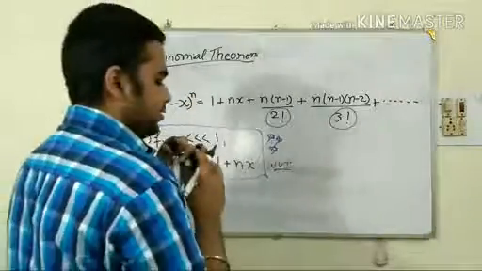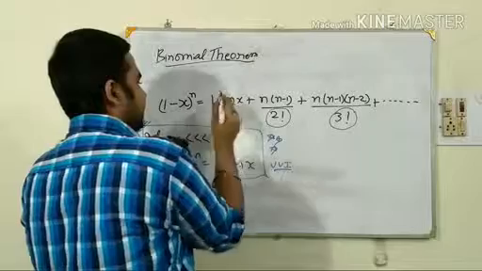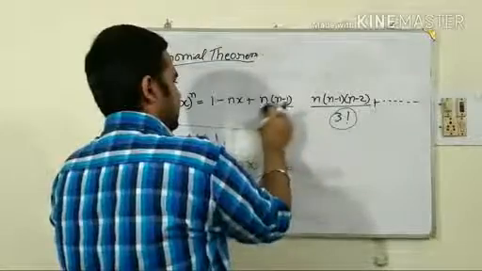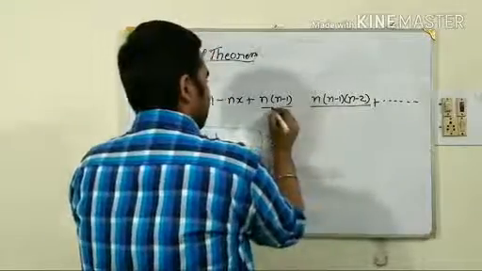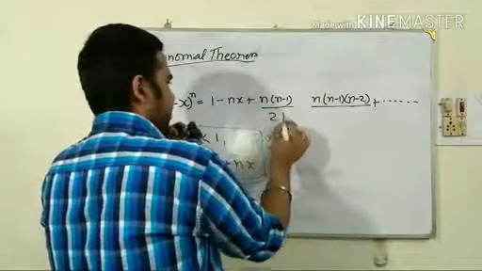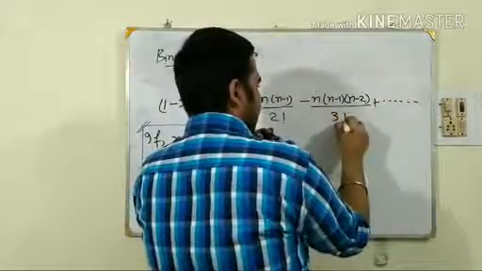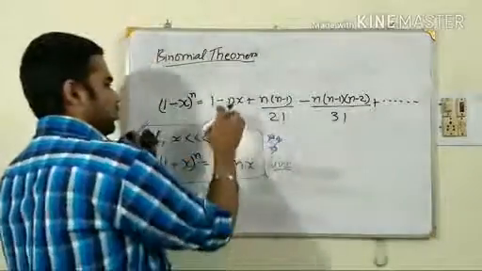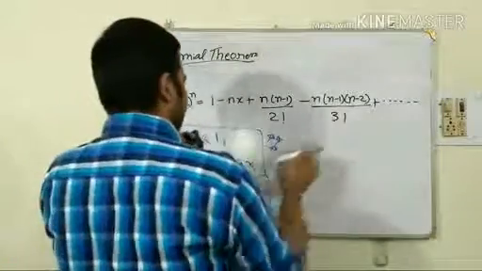It will change to 1 minus nx plus n into n minus 1 upon 2 factorial, minus n into n minus 1 into n minus 2 upon 3 factorial, then again plus, again minus. The sequence goes on: plus, minus, plus, minus.